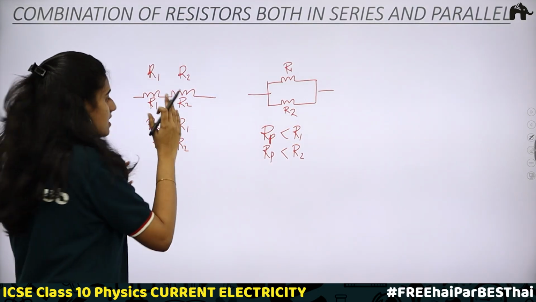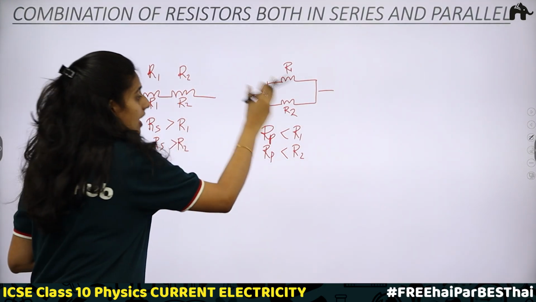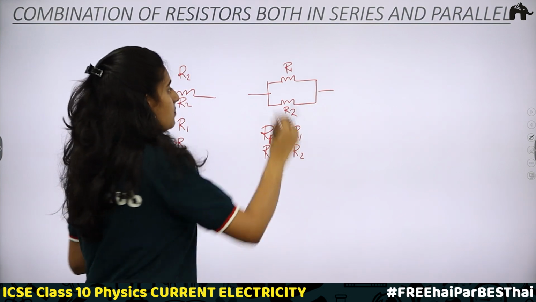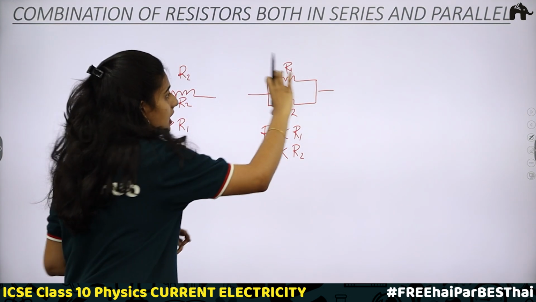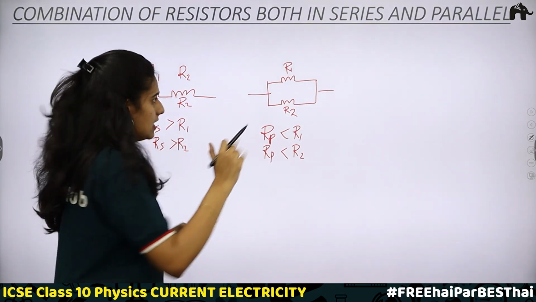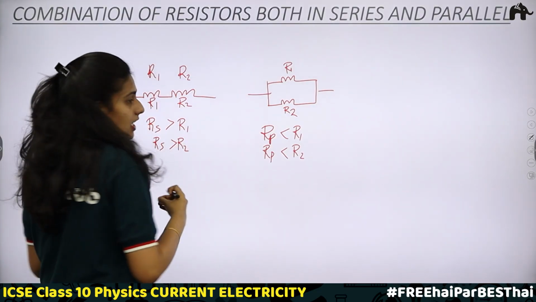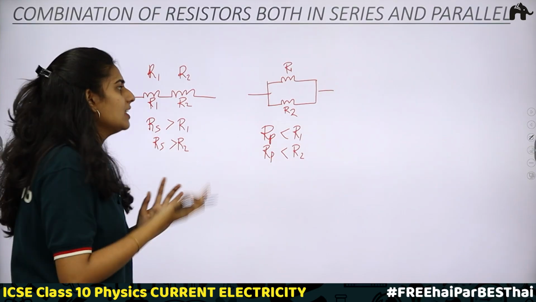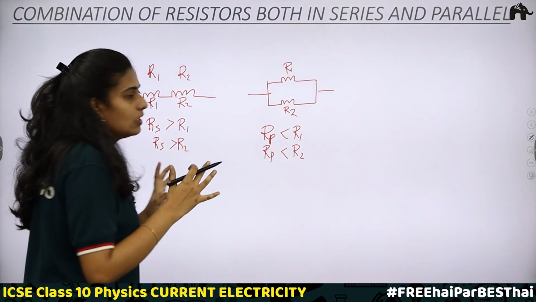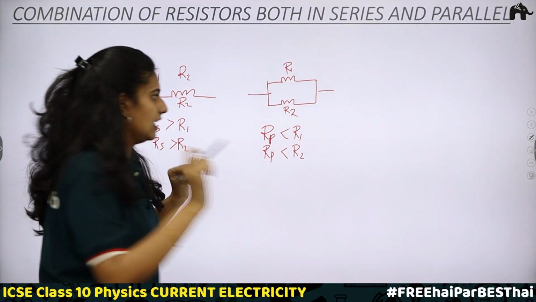The effective resistance in series will be greater than the resistance values of both the resistors, whereas in case of parallel combination, the effective resistance Rp will be less than both the resistance values of the resistors. Now, if you need a value that is between R1 and R2, or you need some other values, in that case, we'll be using a combination of series and parallel. Let's take some cases.